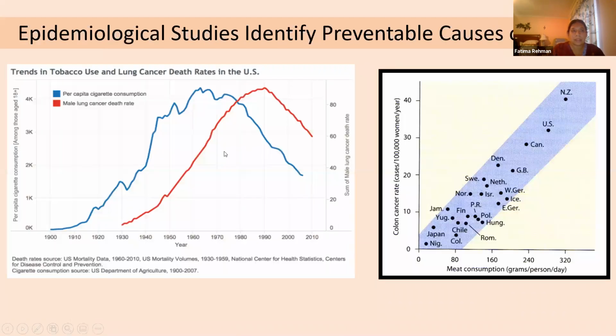Okay. So when we look at these individual categories and how they affect our systems, there have been epidemiological studies done for all of them and more all across the globe to identify preventable causes of cancer, which is why we know that tobacco use leads to cancer, and also that if it's stopped or discouraged, you see the opposite trend: the rate of cancer goes down over time.